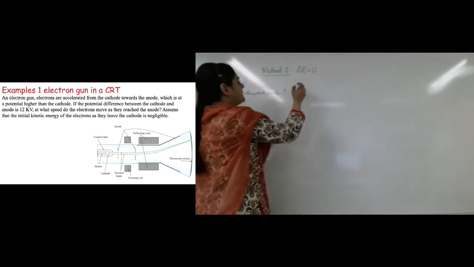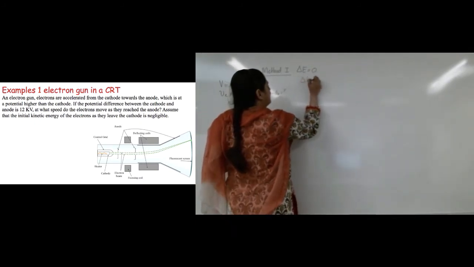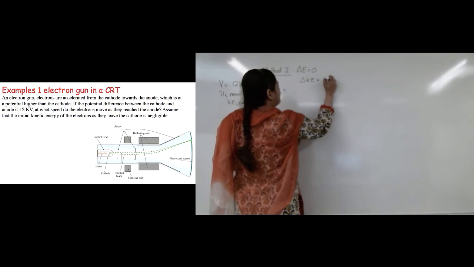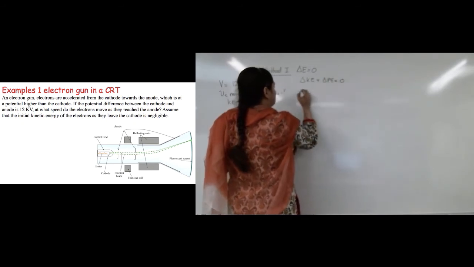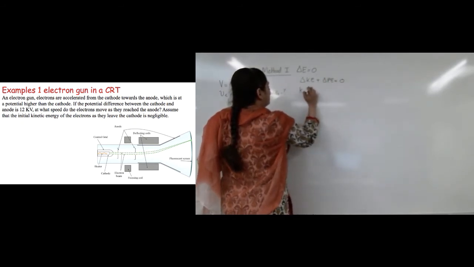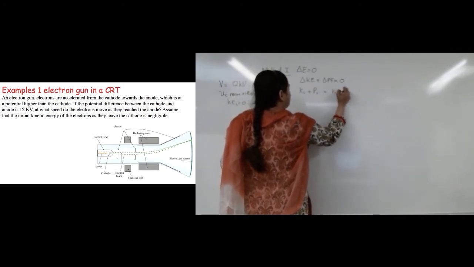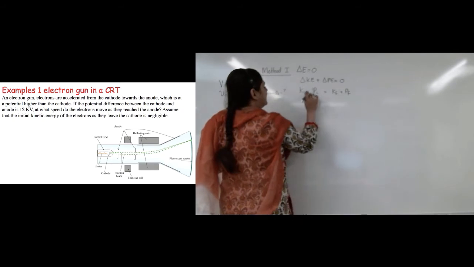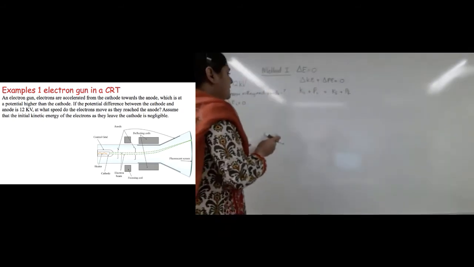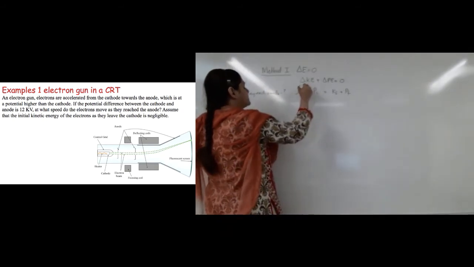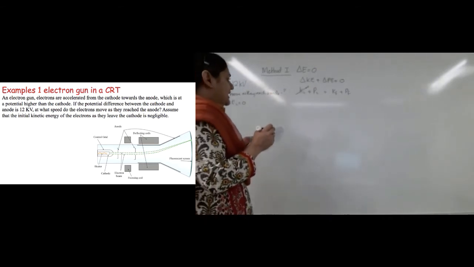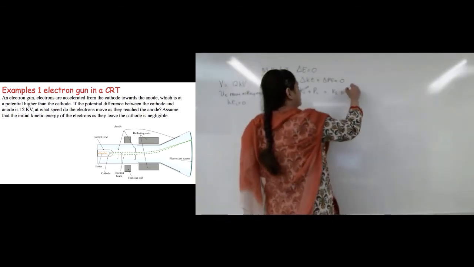What does this mean? This means delta kinetic energy plus delta potential energy has to equal 0. This implies Ki plus Pi equals Kf plus Pf. Kinetic plus potential, right? We know that kinetic energy initial is 0, and we know that the final potential energy is 0.